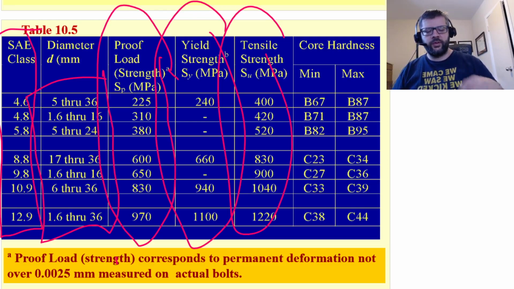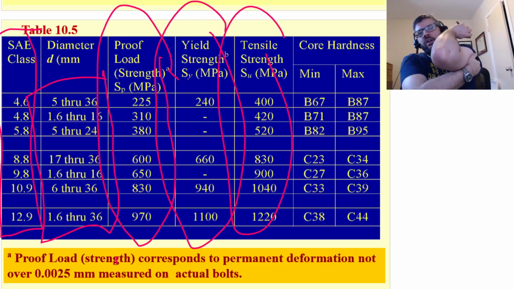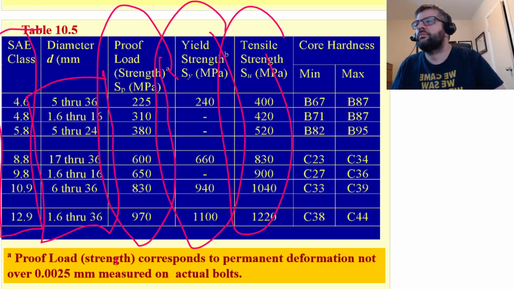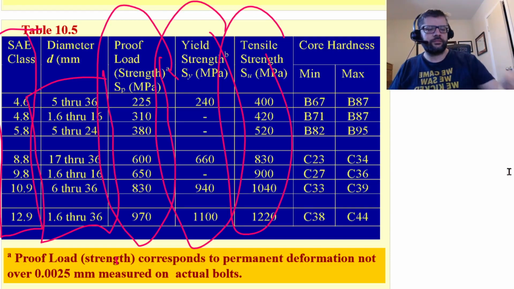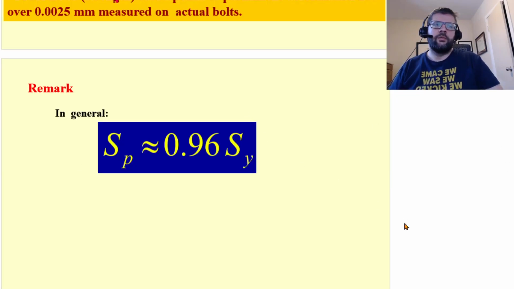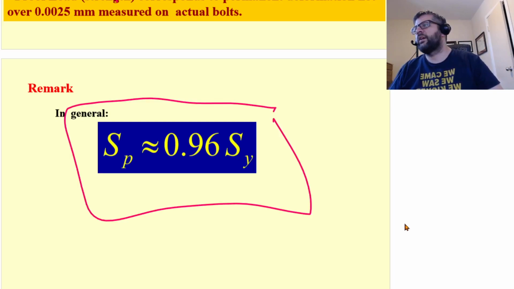When you take that 0.0001 inch and multiply it by 25.4 millimeters per inch, that's what you get in millimeters. I know that they dropped the 4, whatever, no big deal. So, generally speaking, we're usually looking at about 0.96 of the yield strength. But if you have the actual experimental data to work with, then do so.